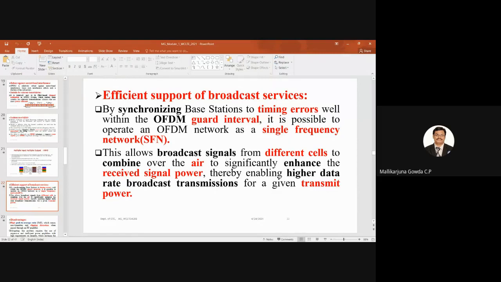The single frequency network allows the broadcast signals from different cells to combine over the air to significantly enhance the received signal power. Thereby, it enables higher data rate broadcast transmissions for the given transmit power. So these are some advantages of OFDM, which made us choose OFDM as one of the key enabling technologies for LTE.